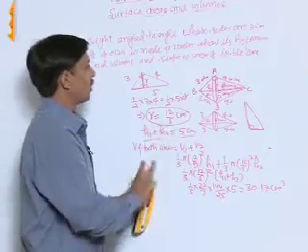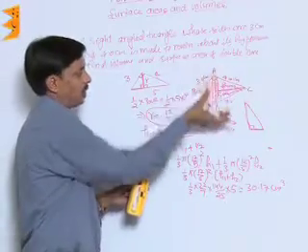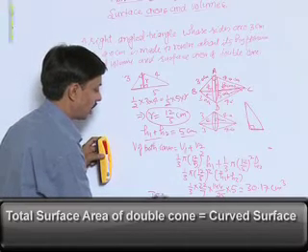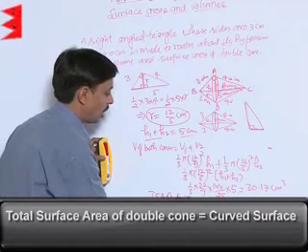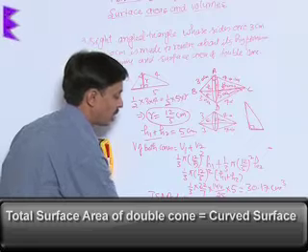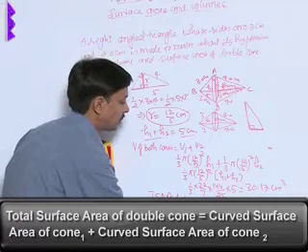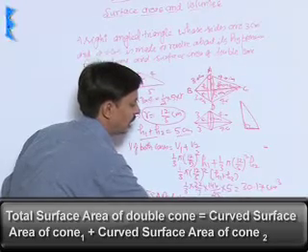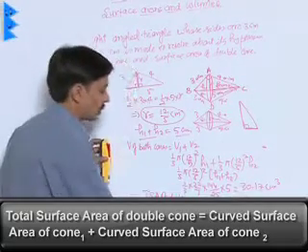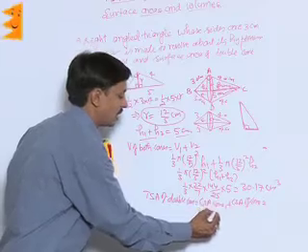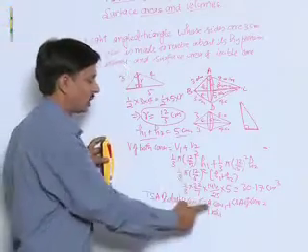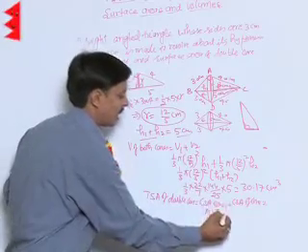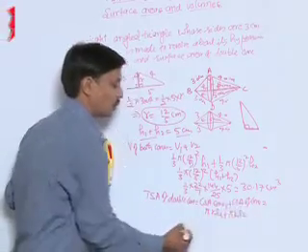Now if I want to calculate the total surface area of the double cone, it is equal to the curved surface area of cone 1 plus the curved surface area of cone 2. The first cone's curved surface area is pi r L1. As you know, the radius in both cases is the same, so pi r L1 plus pi r L2.